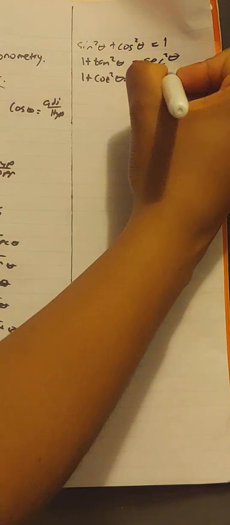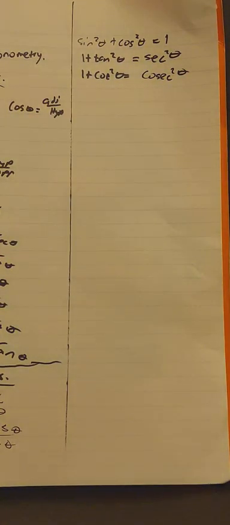And then we have this, 1 plus tan squared theta is equal to sec squared theta, and 1 plus cot squared theta is equal to cosec squared theta. Know those identities, guys. It's very important. Those identities are very important.